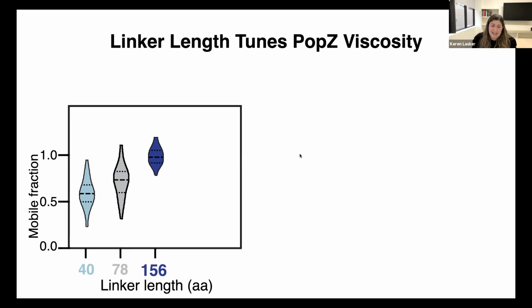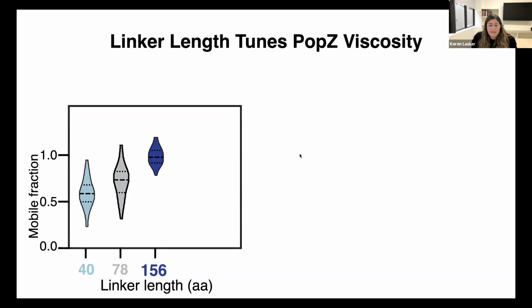So to test this type of hypothesis, what we've done is that we've created mutants where we simply halved or doubled the length of the linker. And we found that this dramatically affects the microdomain viscosity as measured by fluorescence recovery after photobleaching. And these experiments now are done in mammalian cells because it's much easier to get robust FRAP data.